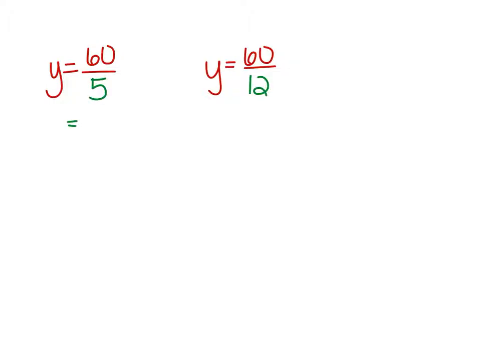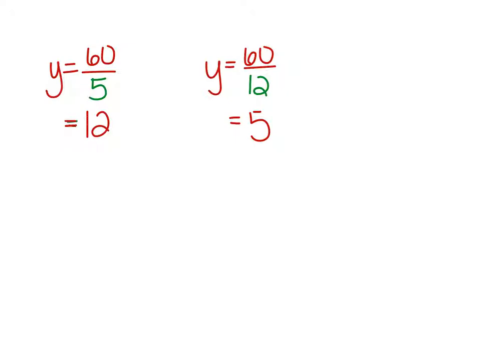We plug that back in for y. Y is 60 divided by x. So we have 5 or 12, and that actually gives us 12 or 5.